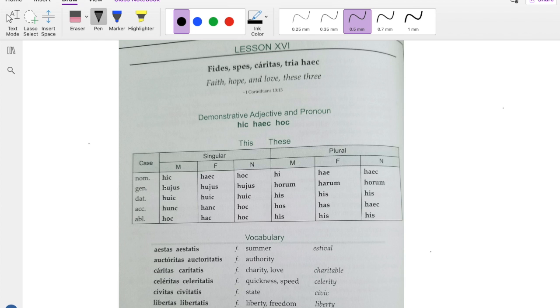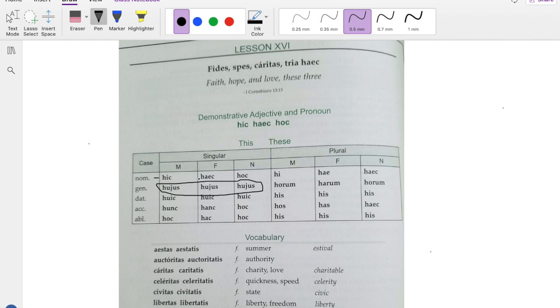The way they're declined is going to look pretty similar to other things we've seen before. Notice first of all the genitive, huius, huius, huius. It's the same for all three, identical. And it's the same as those naughty 9 adjectives. The nominative is a little irregular.